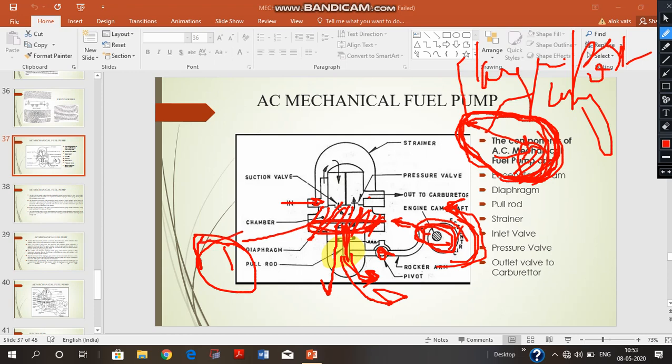Now the inlet valve: the fuel from the fuel tank has entered, and this is the strainer, which is like a filter, and the fuel has got filtered and collected in this area. As soon as the pressure falls, the inlet valve opens. Why does it open?